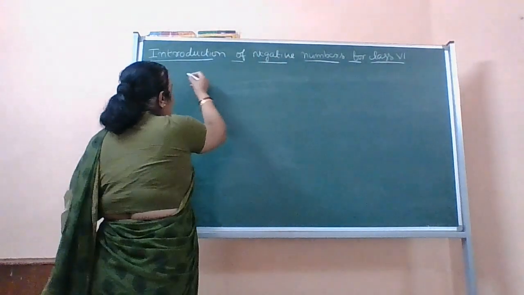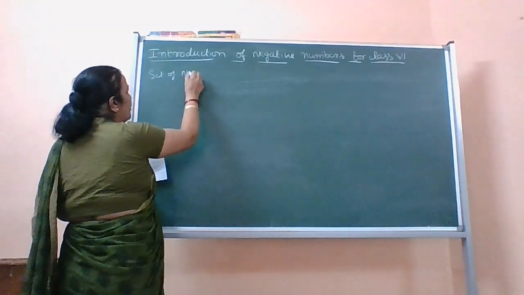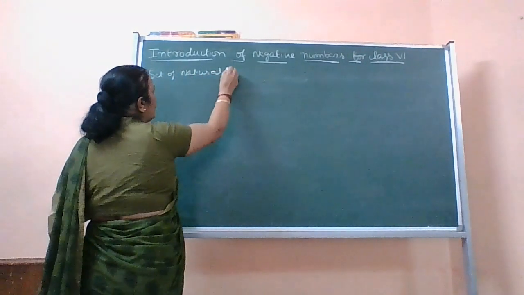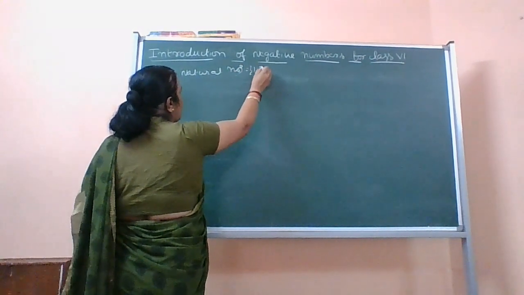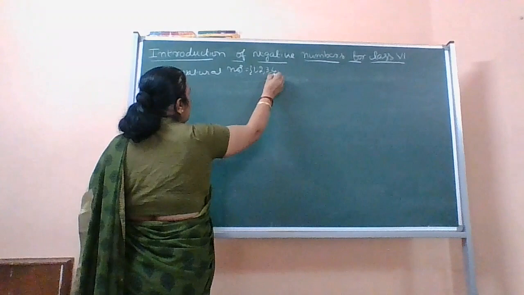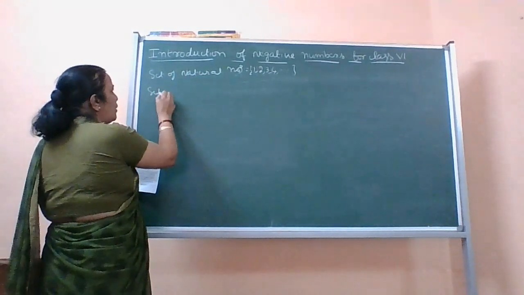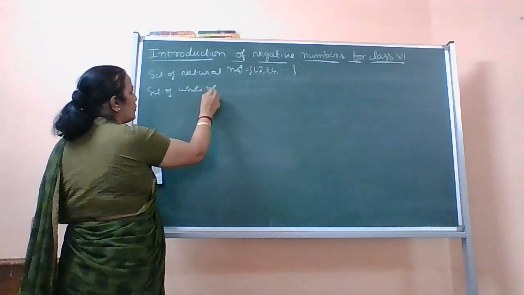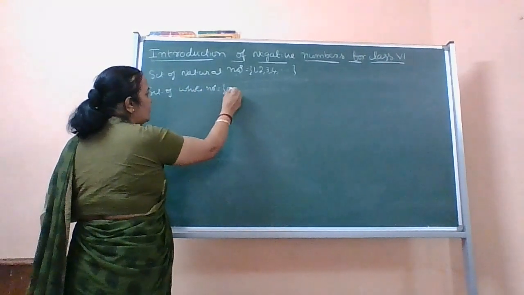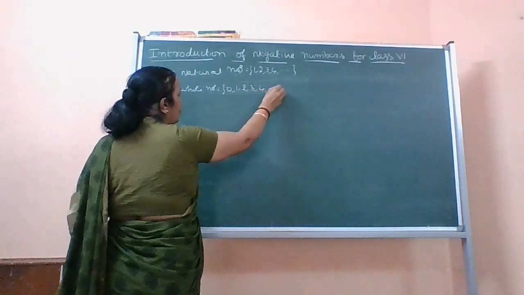The set of natural numbers starts with 1, 2, 3, 4, etc. Next, the set of whole numbers starts with 0, 1, 2, 3, 4, etc.